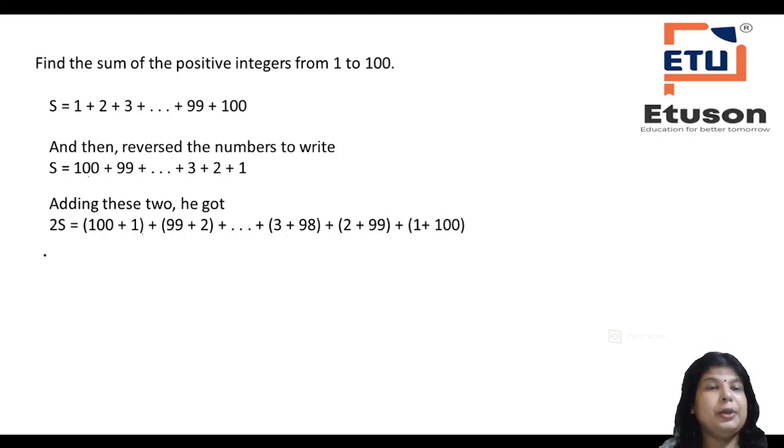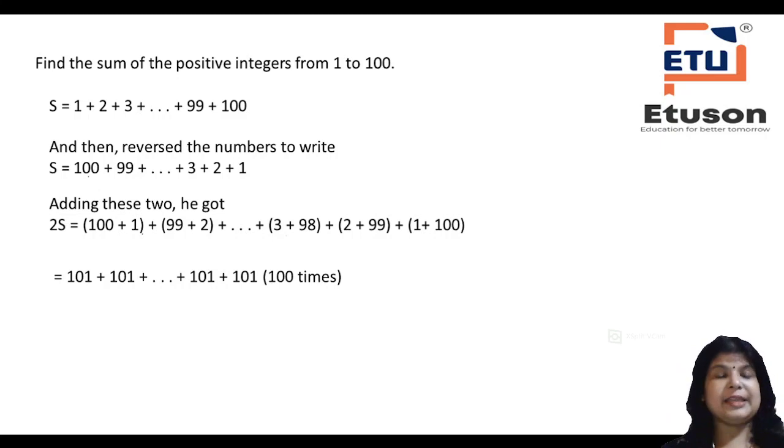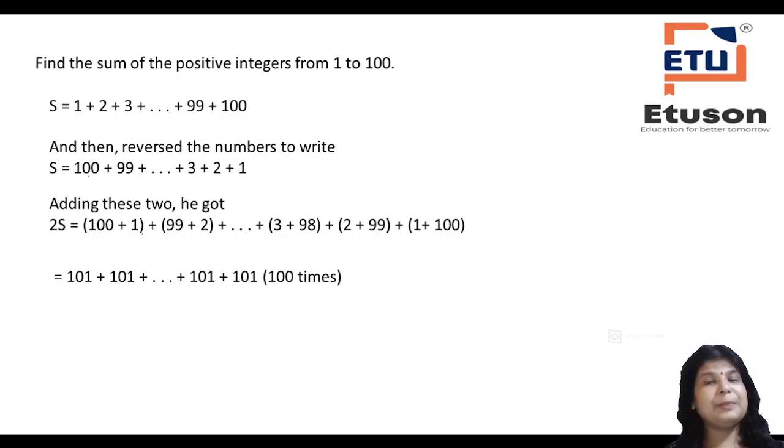Correct or not? By adding all the pairs of numbers which you have obtained, you are getting the same answer, that is 101. 100 plus 1 is equal to 101. 99 plus 2 is also 101. 3 plus 98 is also 101. So all the pairs of numbers inside the brackets, when added, give 101.